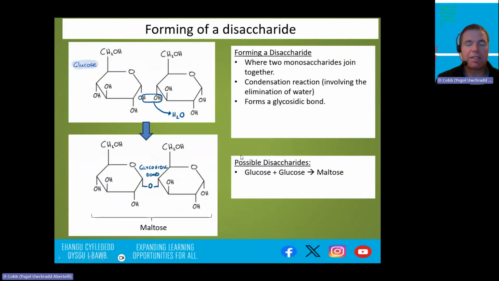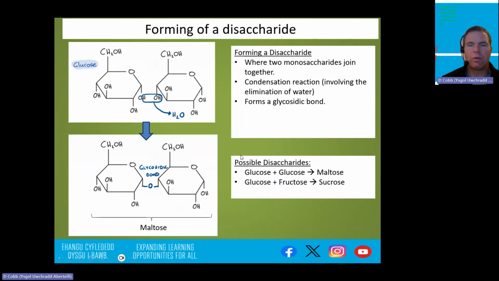There's 3 disaccharides you need to be familiar with. You join glucose and glucose and you form maltose. If you join glucose and another monosaccharide called fructose, found in fruit, you form the disaccharide sucrose. Sucrose is table sugar, the sort of sugar you put in your tea or on your cornflakes.